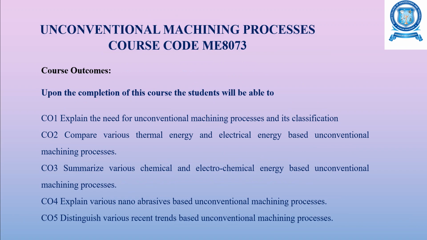From Unit 3, the students will be able to summarize various chemical and electrochemical energy based unconventional machining processes. From Unit 4, the students will be able to explain various nano-abrasives based unconventional machining processes. And from the 5th unit, the students will be able to distinguish various recent trends-based unconventional machining processes.